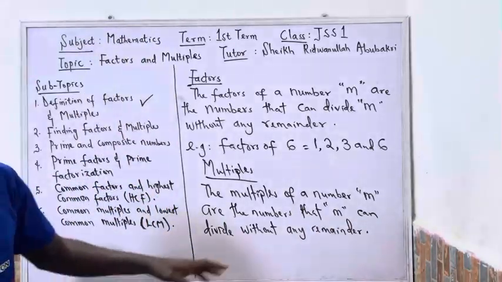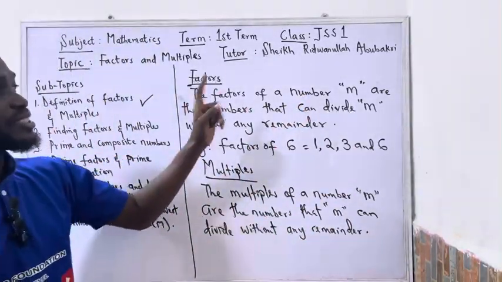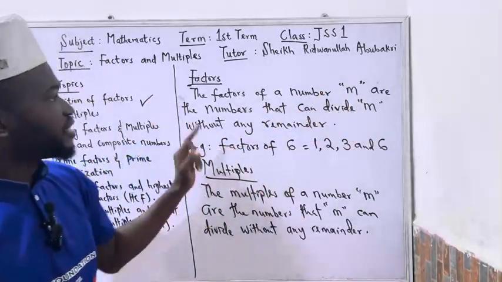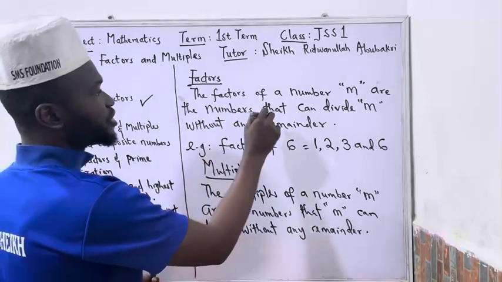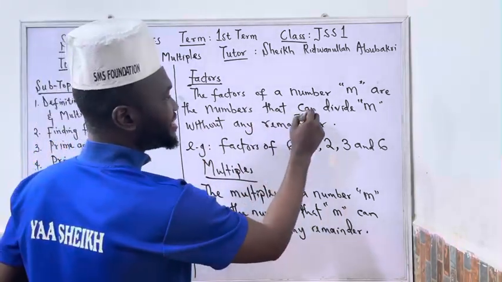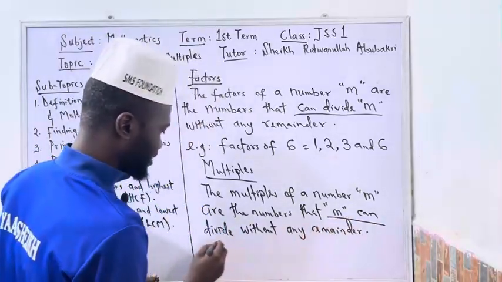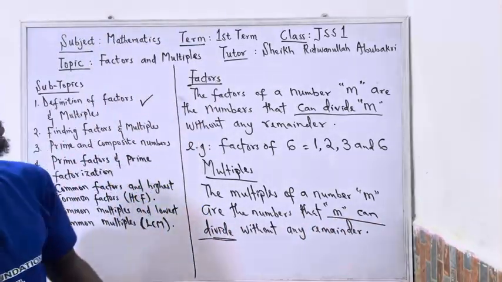So the numbers that M can divide without any remainder are the multiples of M. Don't confuse this English. This one says numbers that can divide M, but this one says numbers that M can divide. So don't confuse the two.